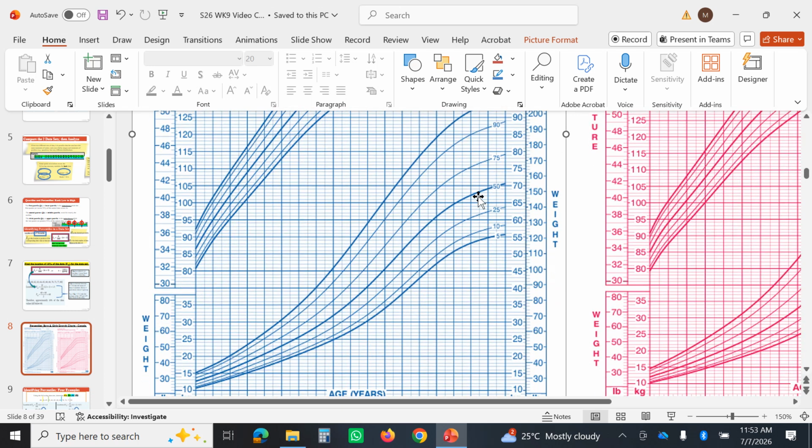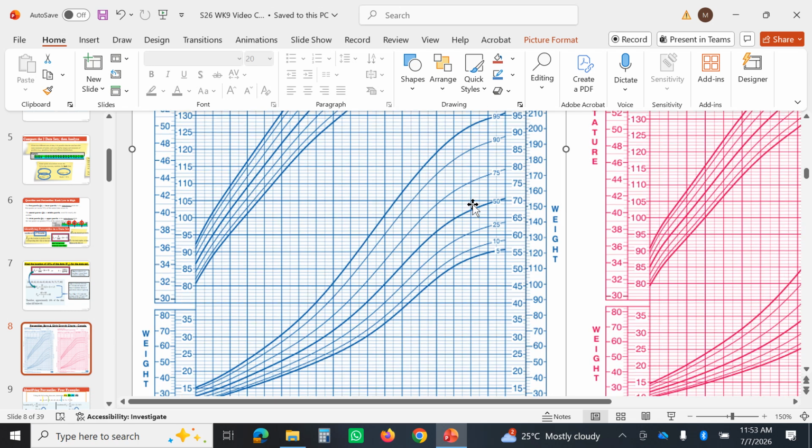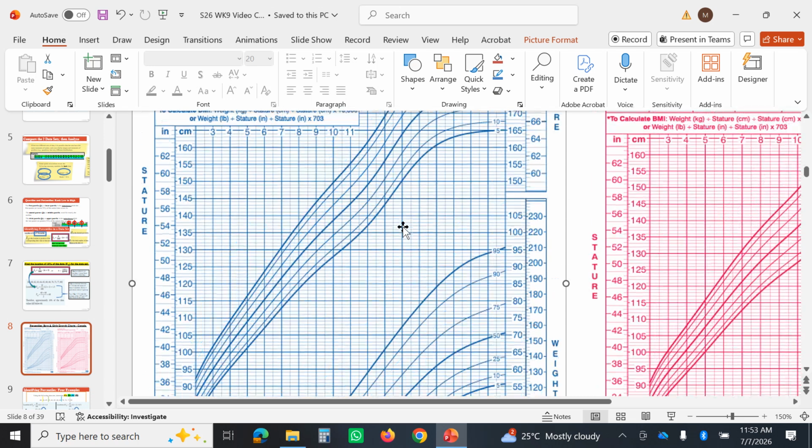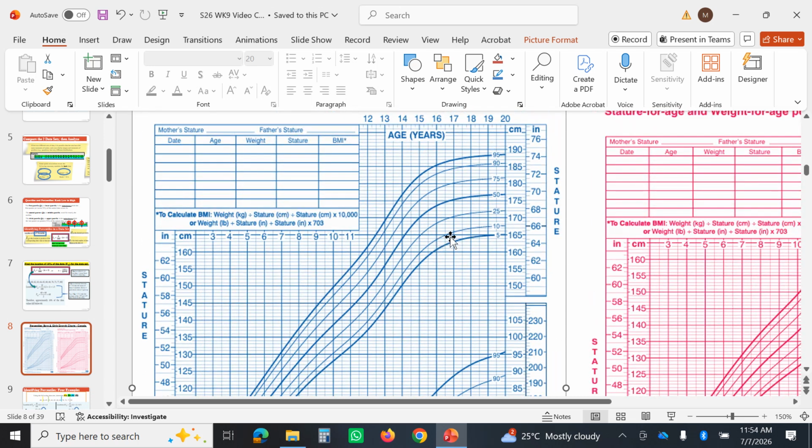The middle of the road child, with the average weight for most kids in Canada, would be on the 50th percentile. If your kid is heavier than the average child, then they'll be up in this range. It works the same for height.